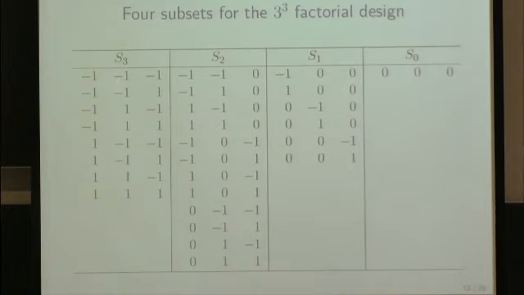The subset S2 has the runs that have 2 factors at their high or low level and 1 factor at their mid level. The subset S1 is the subset of the axial points, meaning that exactly 1 factor has a non-zero value. And the subset S0 is a singleton and contains the center point.